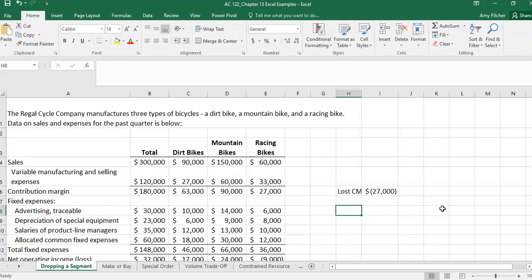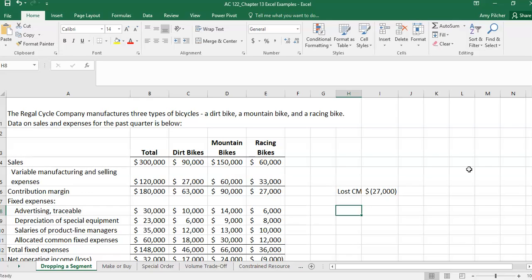We have fixed expenses that are only part of the segment that will go away if the segment is closed. And then we have fixed costs that are part of the company and we have to keep no matter what decision we make. So we call those in decision making avoidable fixed costs and unavoidable fixed costs.